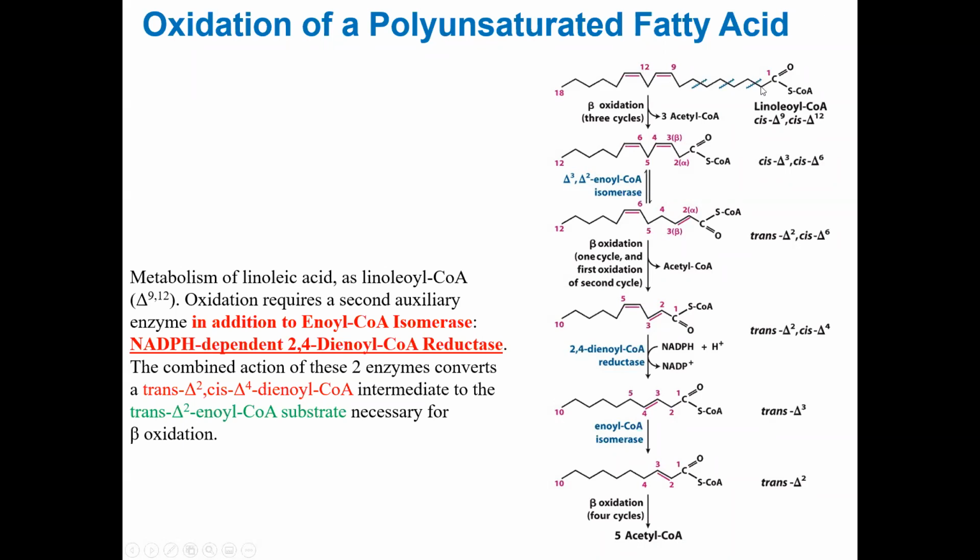You can do 3 rounds of beta oxidation cycle using regular enzymes. So you basically made already 3 acetyl coenzyme A, but once you made that, you are left with this second structure that is shown here from the top, which is, as you notice, cis delta 3, right, and cis delta 6 fatty acid in the activated form.